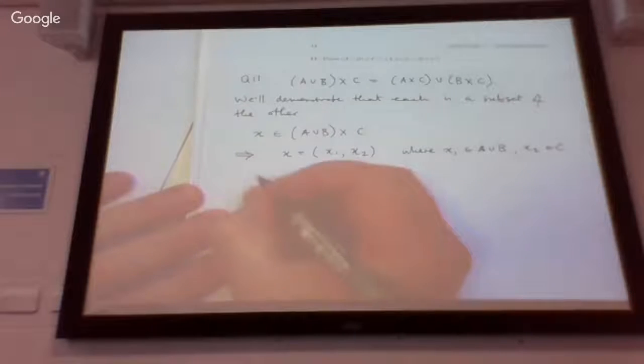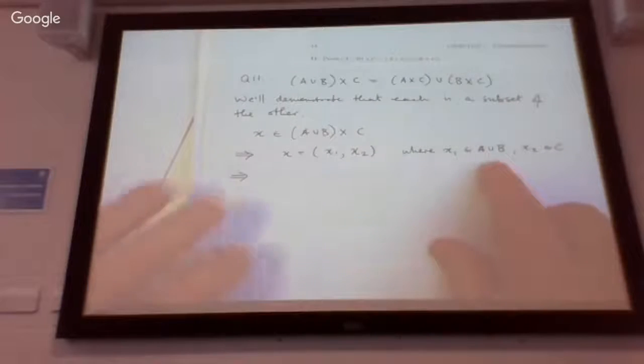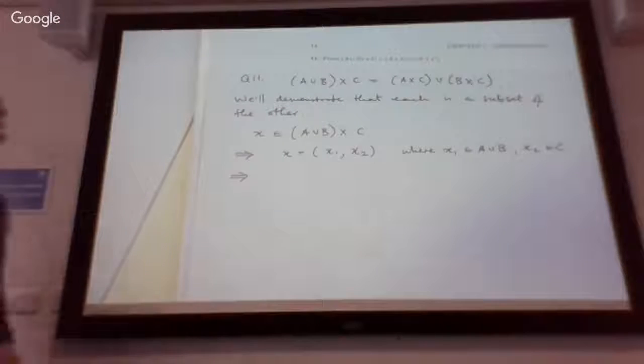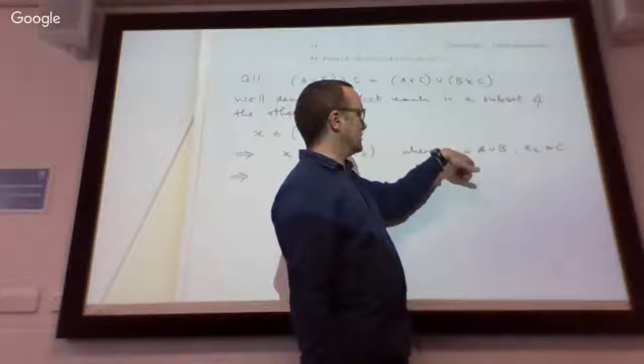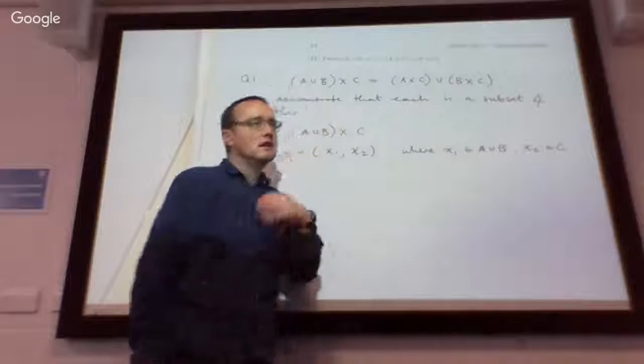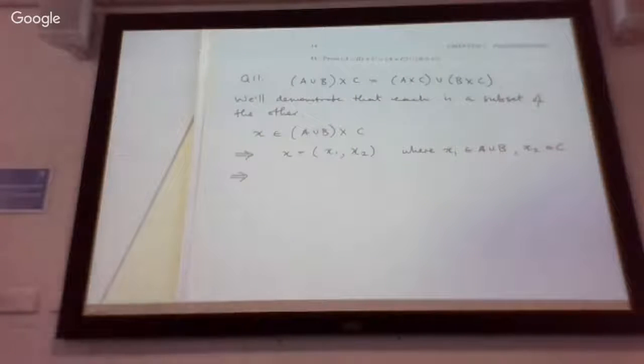And then the only operator still in play here is the union operator. x1 is in A union B. The meaning of that is x1 is in A or x1 is in B; one of those two conditions holds.